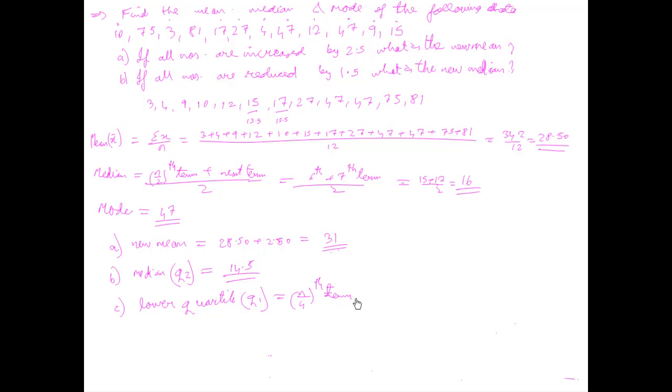Children, that's 12 upon 4, third term would come out to be 9, and upper quartile, children, Q3, would be 3n upon 4th term, and that would come out to be the 12th term, children. 12th term would come out to be 47. So that's your lower quartile, this is your upper quartile. That covers up mean, median, mode for raw data, children.